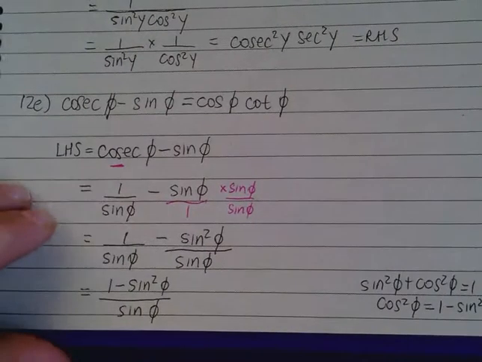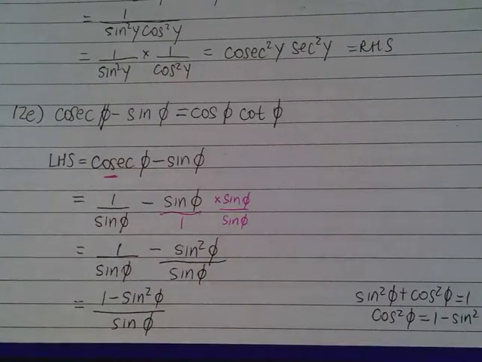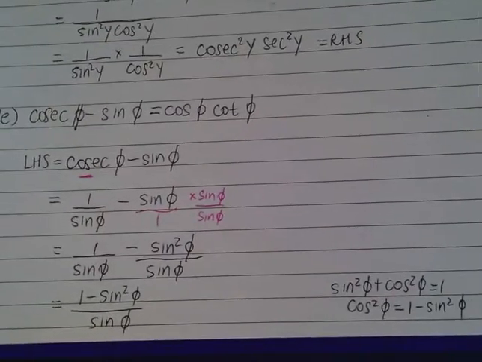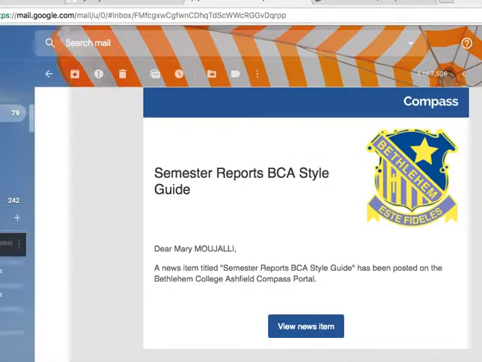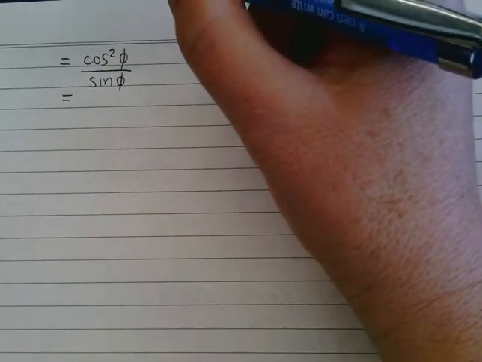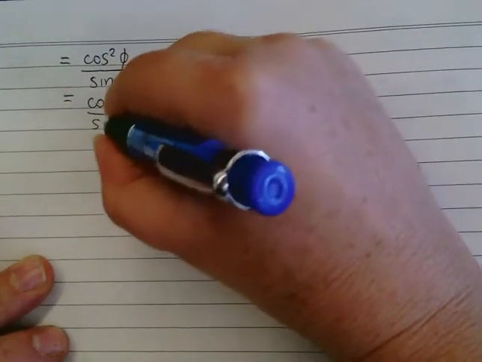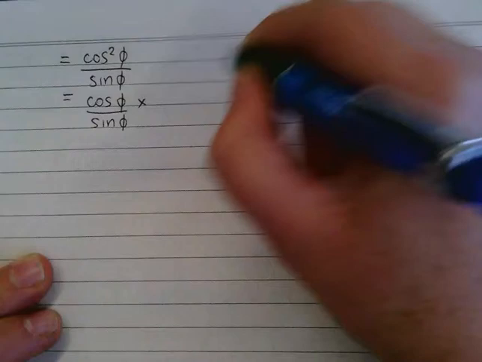So I've got cos squared theta over sine theta. All right, I'll need to turn over the page. Cos squared psi over sine psi. Now, I know that cos over sine is cot. So I write it as cos over sine, but times what?